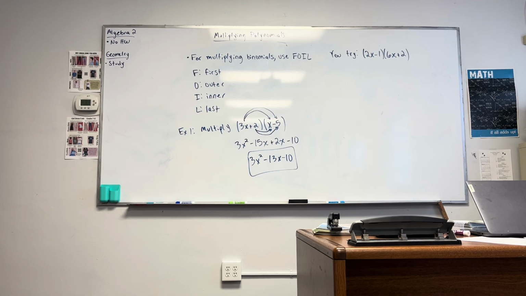Okay, negative 1 times 6x is minus 6x. And the negative 1 times 2 is minus 2.